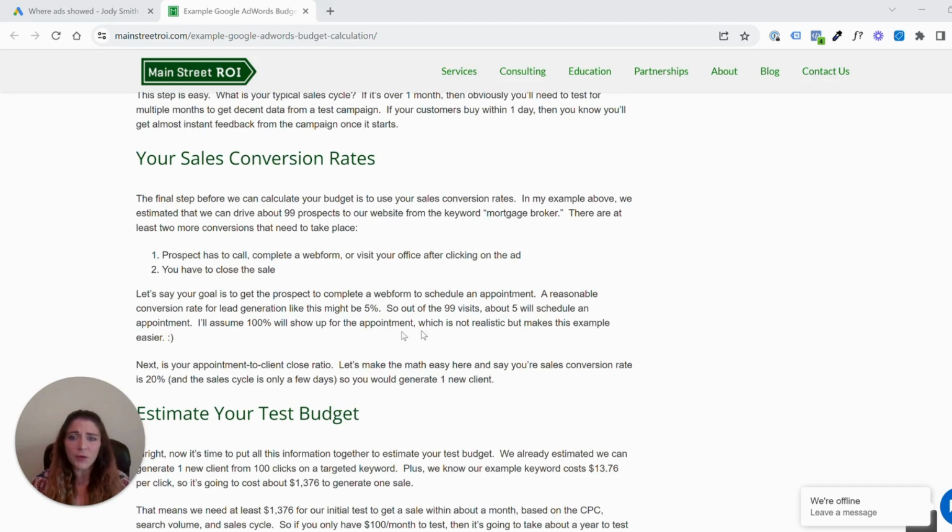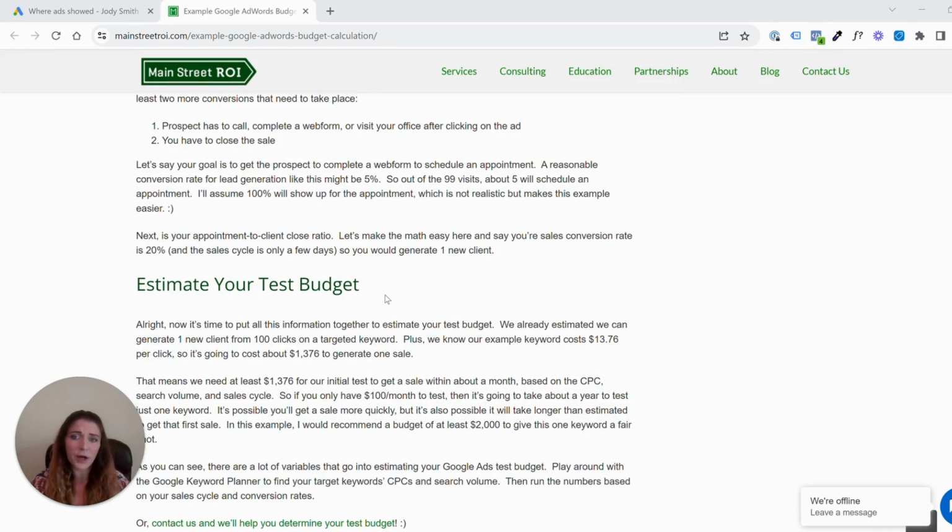Now, the conversion rate is another thing that I had mentioned to you. As far as having 99 clicks on your ad, having those 99 visitors actually convert is not likely. That is almost an impossibility. But if you say 1 out of 5, for instance, are going to convert, then you can say, okay, I have a conversion rate of 20%, which would be great.